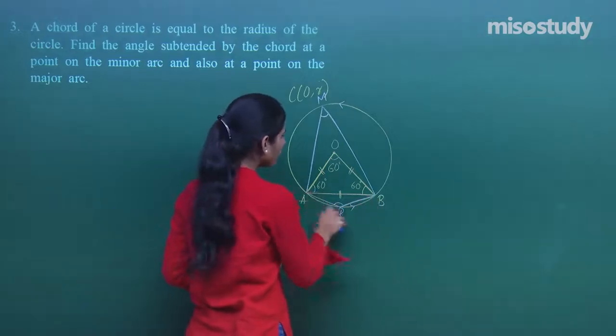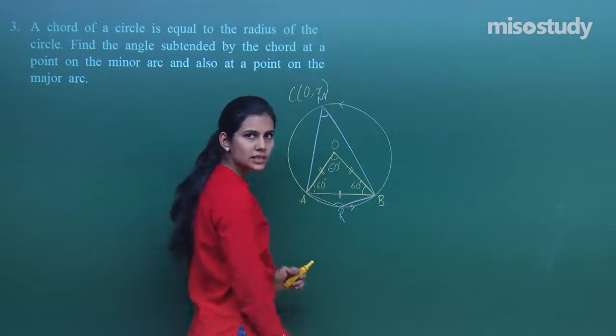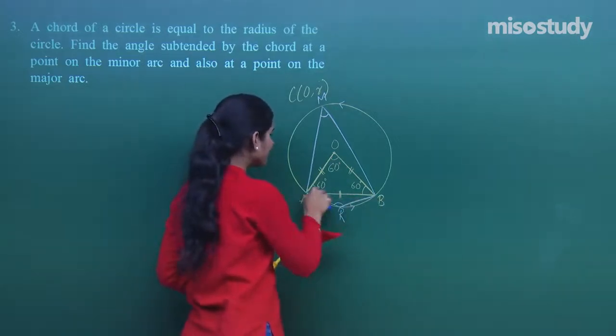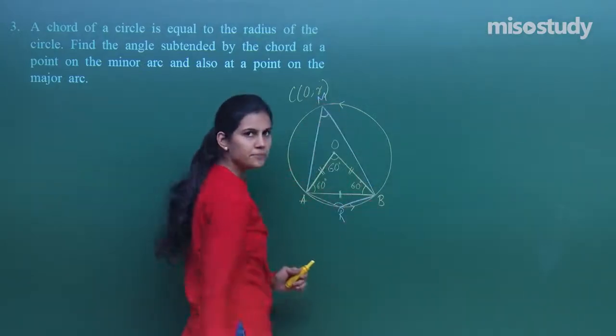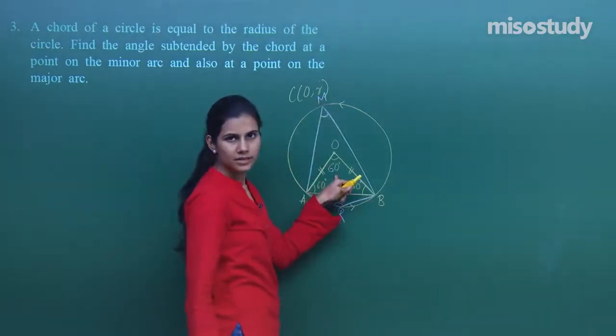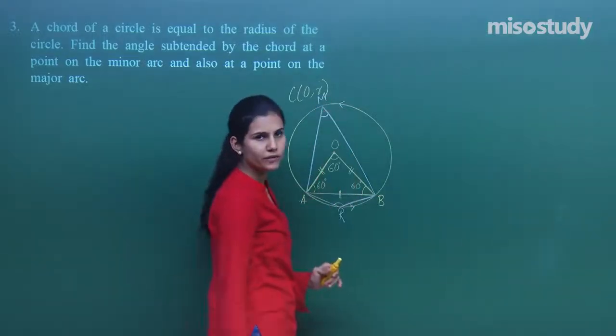Clearly, if you talk about the AB arc, then AB arc subtends angle AOB at the center of the circle, and the angle subtended by the AB arc at point M on the circle, that is the circumference of the circle, is angle AMB. Angle on the center subtended by an arc is twice the angle subtended by the same arc at any other point of the circle.